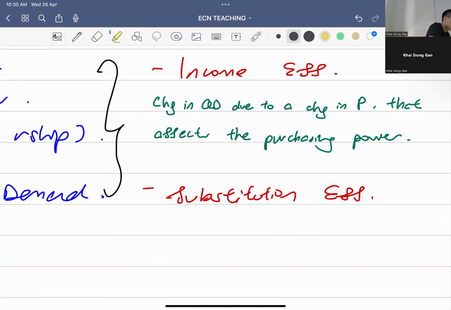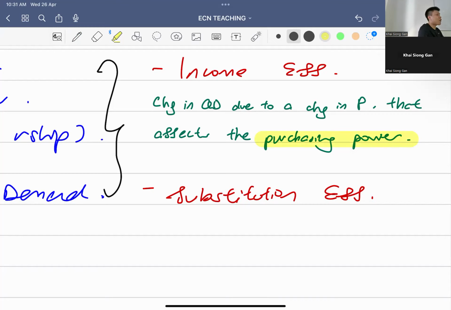The keyword of income effect is that it links to purchasing power. Means what? For example, today you buy ice cream, and the ice cream costs you $10. Now there's a fall in the price of ice cream to $5, for instance. With the same amount of money, the same income that you have, will you be able to buy more ice cream right now? Yes. That's what we call income effect.